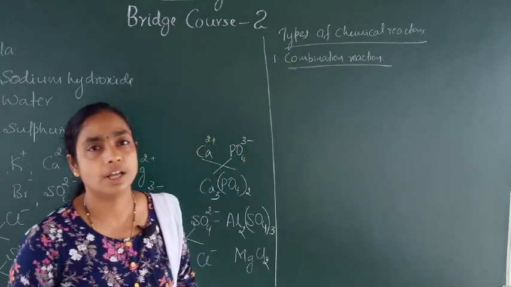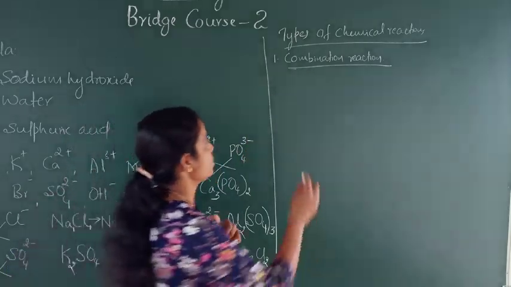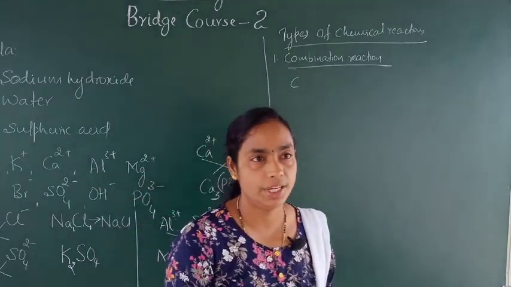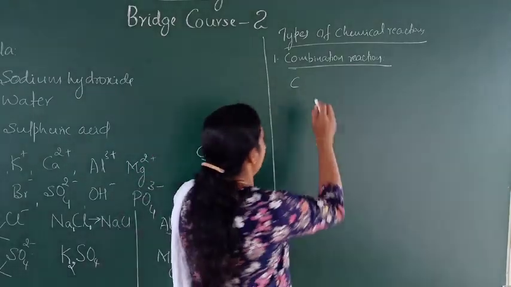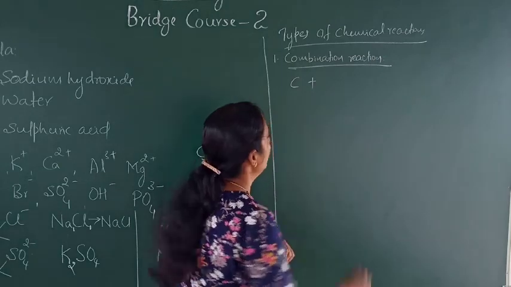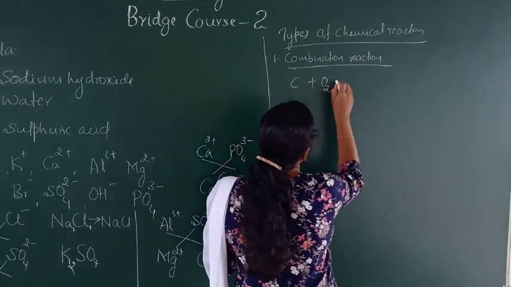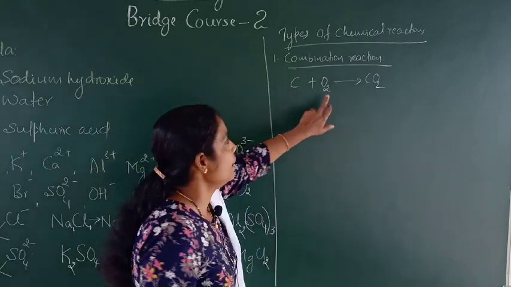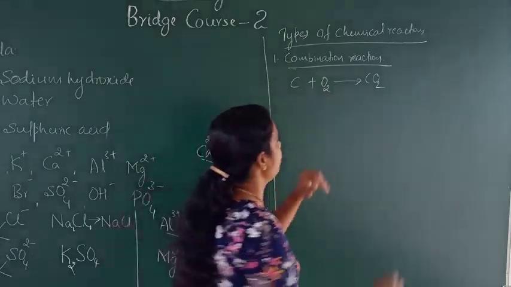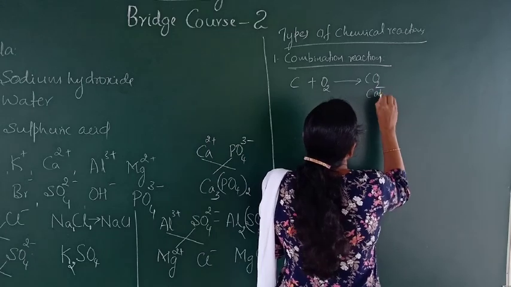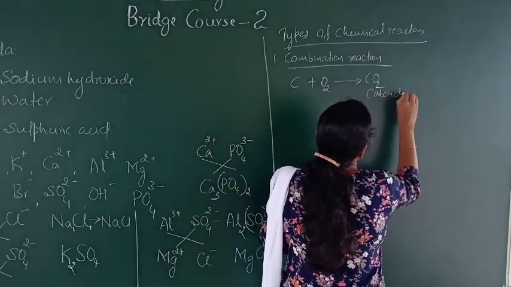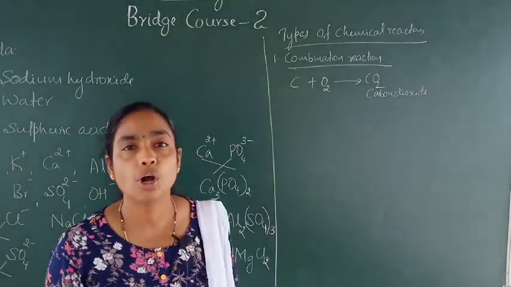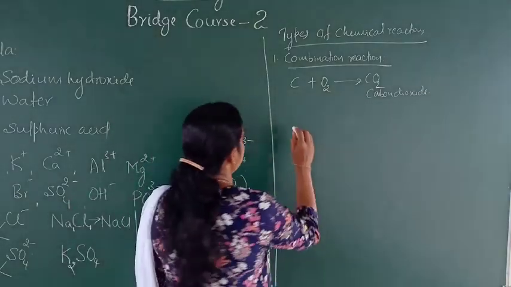Such reactions are called combination reaction. Here combination takes place, therefore the reaction is called combination reaction. For example, carbon reacts with oxygen giving rise to carbon dioxide. Carbon is combined with oxygen giving rise to carbon dioxide. So the reaction is called combination reaction.